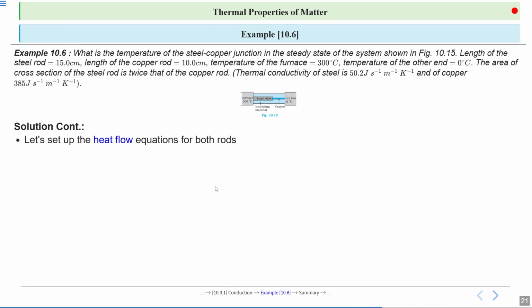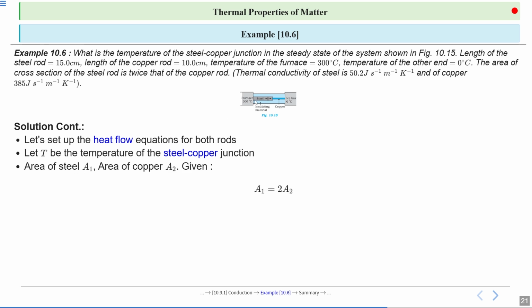Now, let's set up the heat flow equations for both rods, the steel rod and the copper rod. Let T be the temperature of the steel-copper junction. Here we assume the temperature of the steel-copper junction is T. Area of steel A1 and area of copper A2. According to the question, the area of cross section of steel, A1, is twice that of the copper rod, A2.